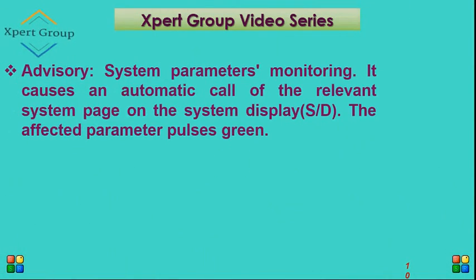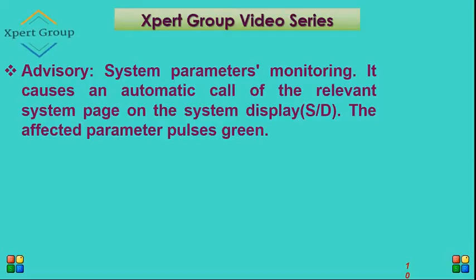The first status message with failures is system parameters monitoring. When any system goes out of limits, or stays within limits while in operation, continuous monitoring is there, and the system parameter will be displayed.